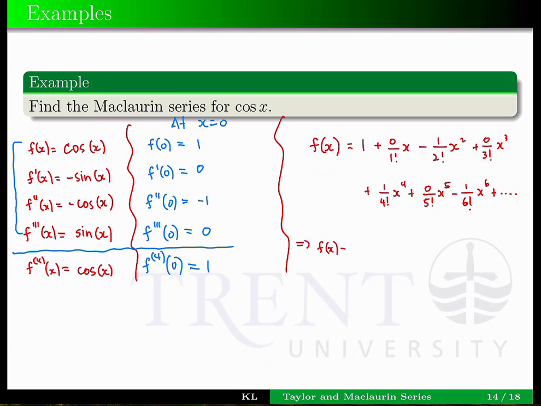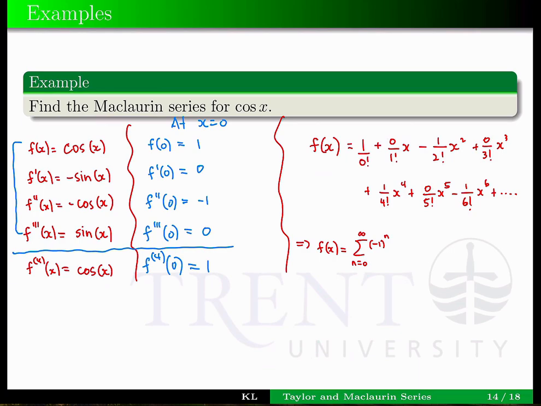Your f of x would be equal to the sum, where n goes from 0 to plus infinity. Since it is alternating, we have negative 1. Since the starting term is positive, with n equals 0, negative 1 to the 0 is positive, so we can put this as negative 1 to the power n. Then we have the denominator, which is actually 0 factorial at the start.